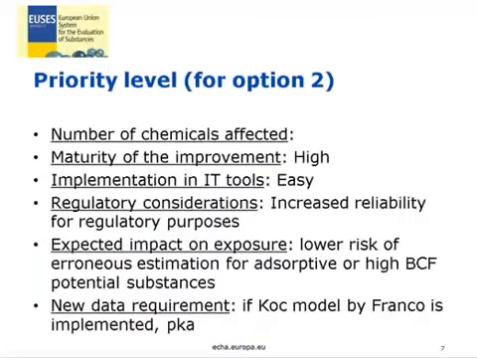And the priority level is quite high. Focusing here on option 2, the implementation is easy. There is an increased reliability for regulatory purposes, a lower risk for erroneous estimation for adsorptive or high BCF potential substances, and new data requirements only if the KOC model by Franco is implemented: the pKa.